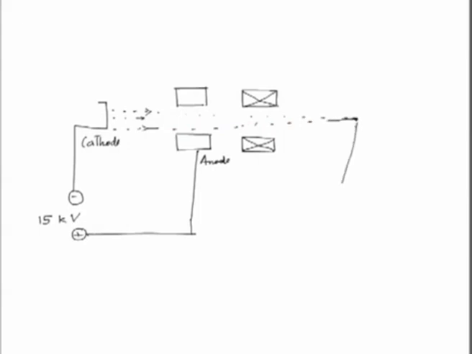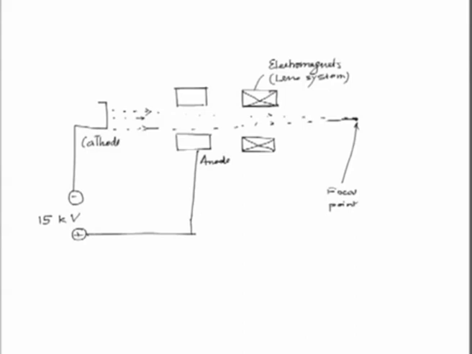So, this is the focal point, and this is achieved by this pair of electromagnets, or we can say lens system. They act as lenses for the beam of electrons, like the optical lenses used for optical signals.